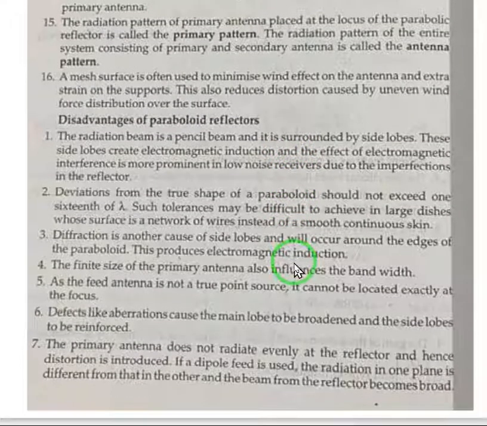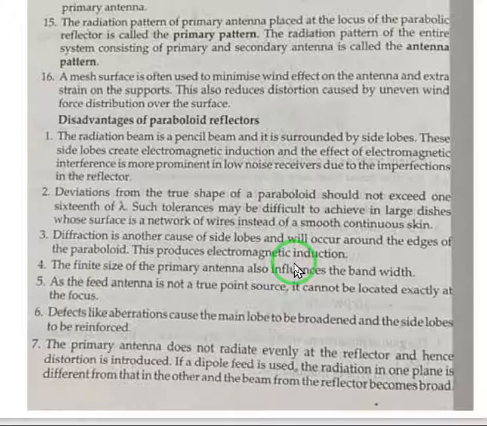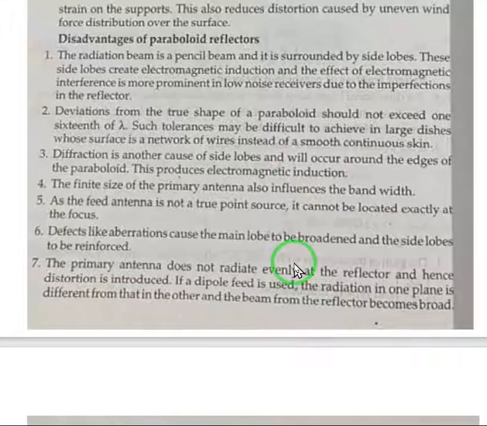They also have some disadvantages. The radiation beam is a pencil beam and is surrounded by side lobes. These side lobes create electromagnetic interference, and the effect of electromagnetic interference is more prominent in low noise receivers.